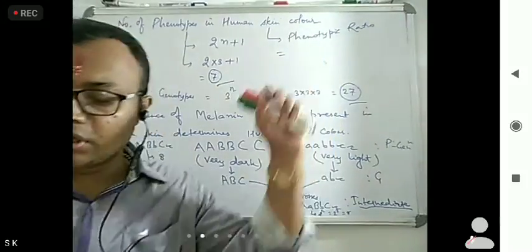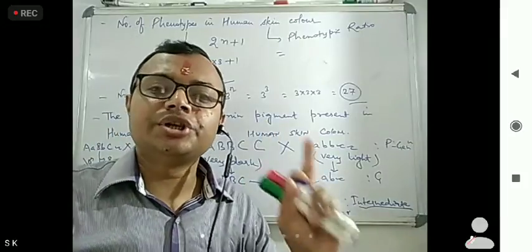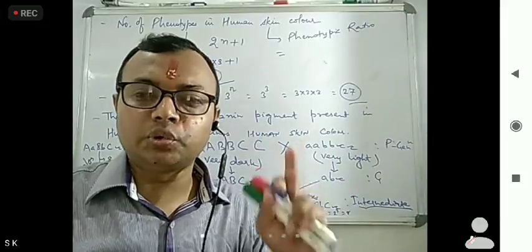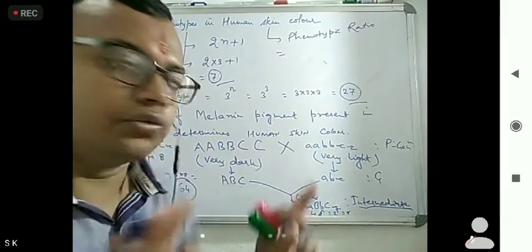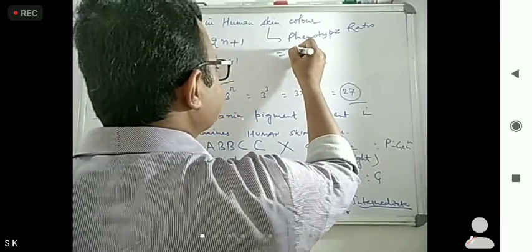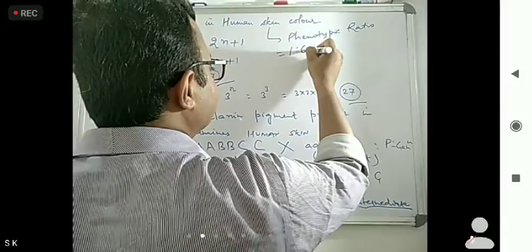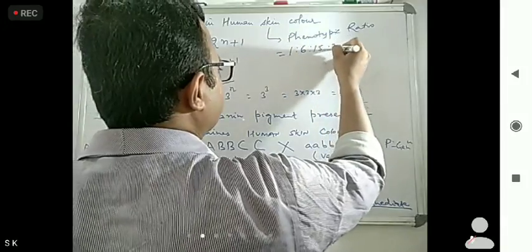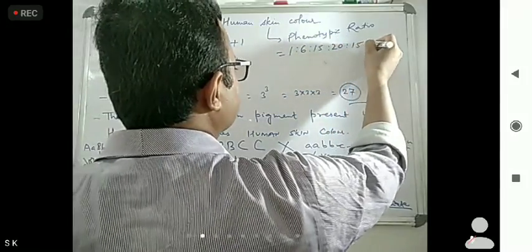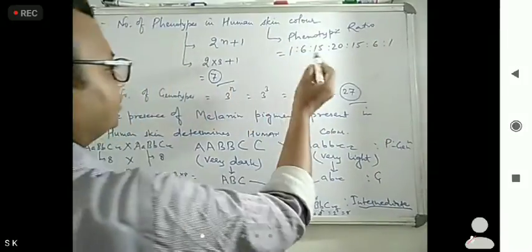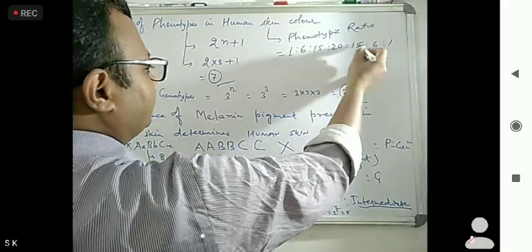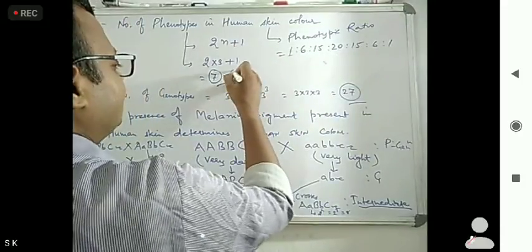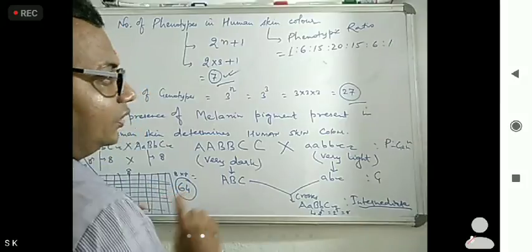Their ratio will be 1 is to 6 is to 15 is to 20 is to 15 is to 6 is to 1. Very easy, you can remember it. So how many types of phenotypes are there? 1, 2, 3, 4, 5, 6, 7. Already we discussed, there are 7 types.